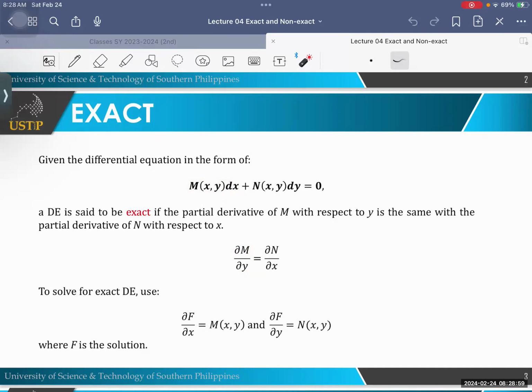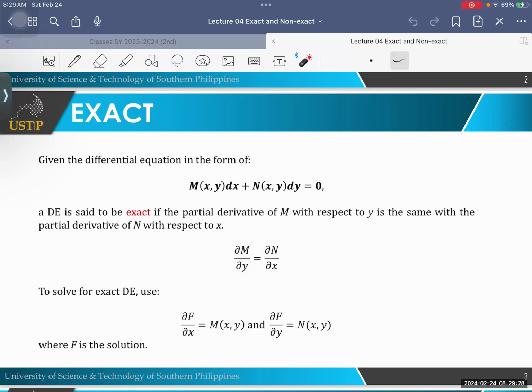So gi-generalize lang nato siya nga gikuha ta ug partial derivative with respect to y because isa ra man ka variable ang atong gikuhaan, or with respect to one variable man ni, class. Okay? So that's why the partial derivative of M with respect to y should be equal to the partial derivative of N with respect to x. Kung equal na siya, class, then this differential equation is an exact differential equation.